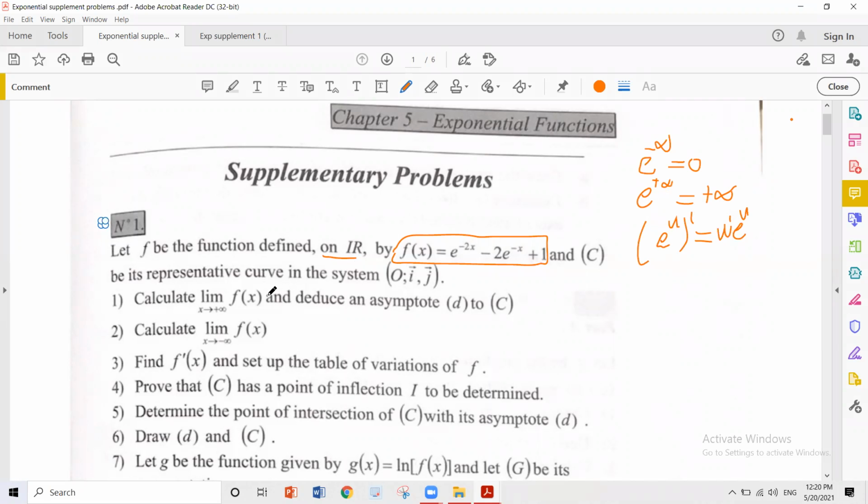Now part 1, calculate the limit of f(x) as x tends to plus infinity and deduce an asymptote D to C. How to calculate the limit as x tends to plus infinity?